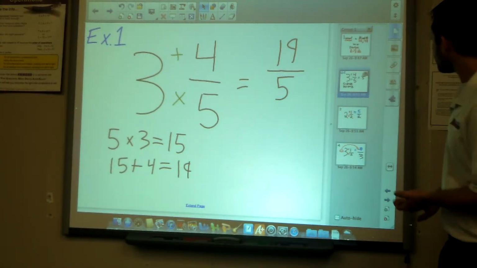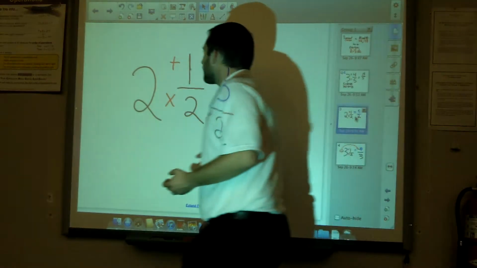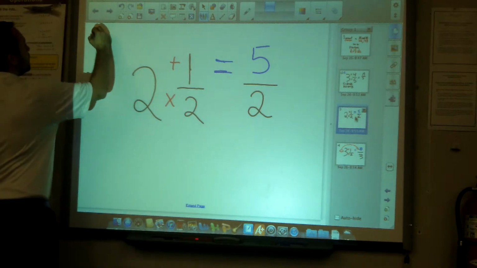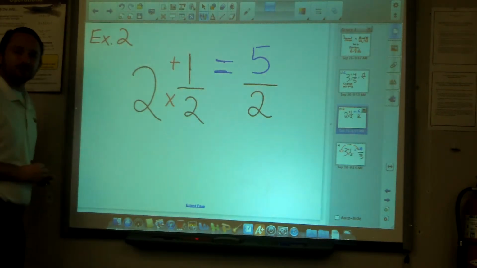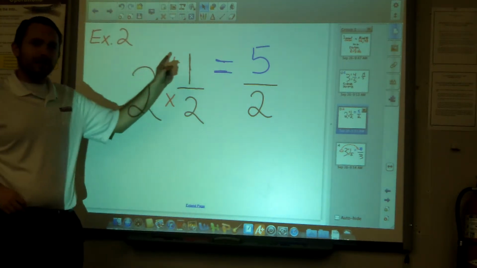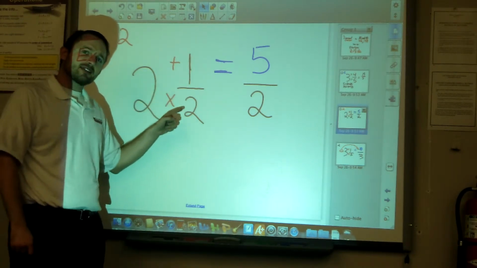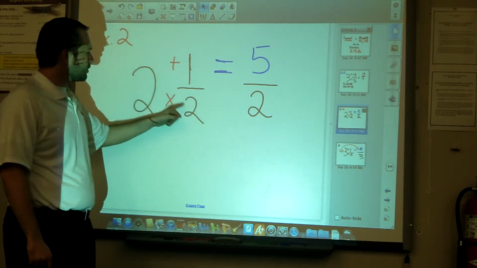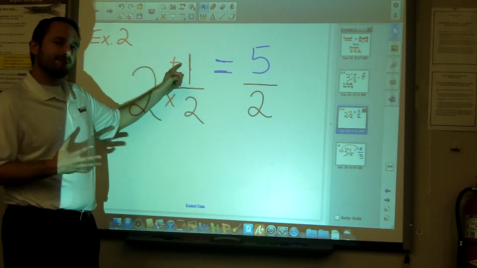Next, example 2. I have a mixed number, 2 and 1/2. Once again, we're going to multiply the denominator to the whole number. 2 times 2 is 4. 4 plus 1 is 5.